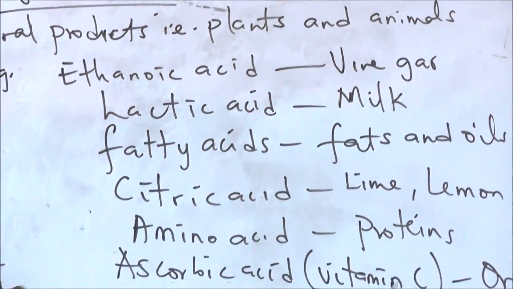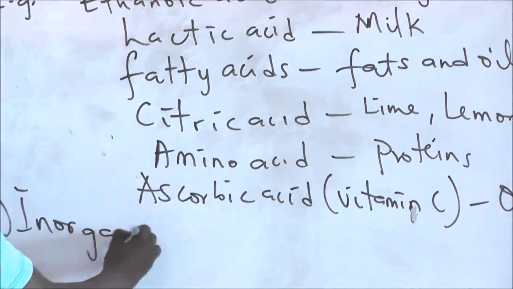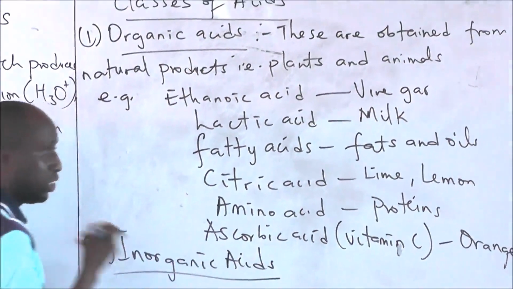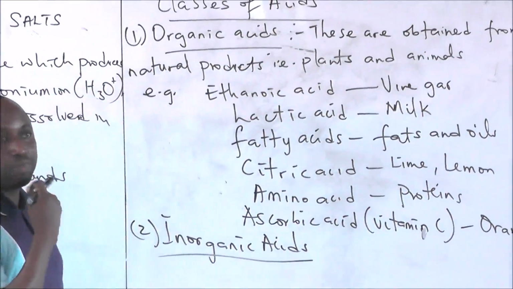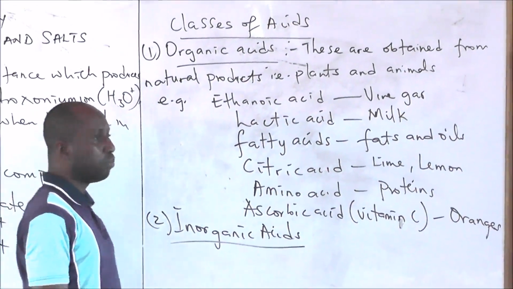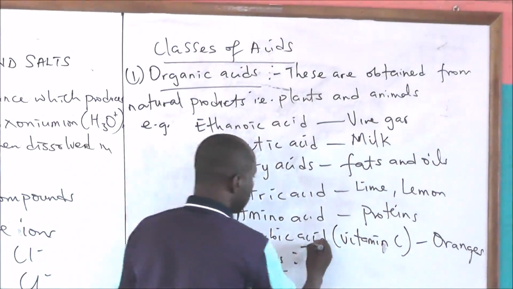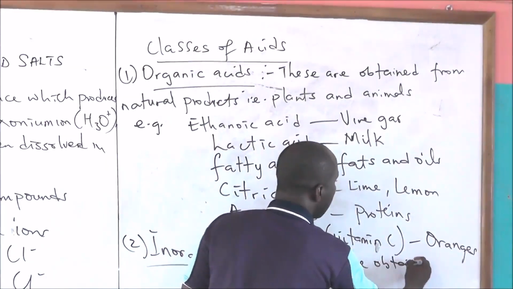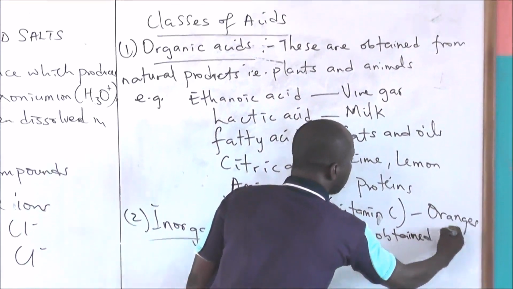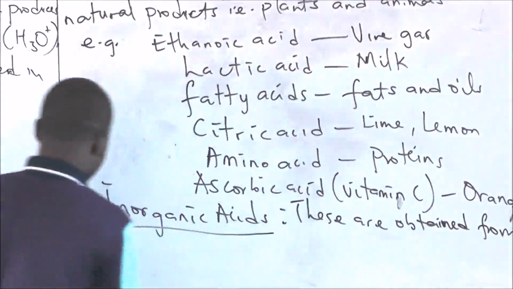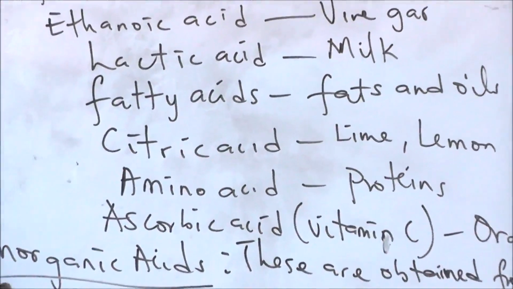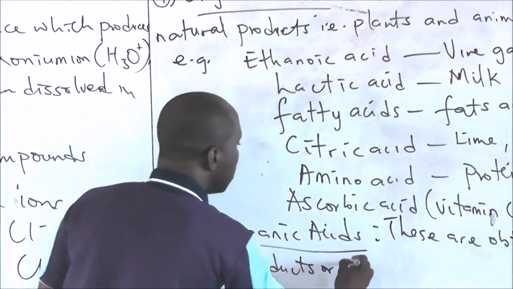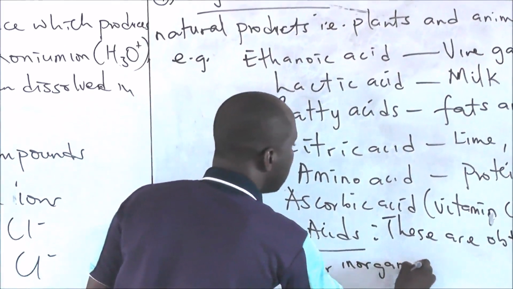Two, we have the inorganic acids. The inorganic acids are obtained from mineral products or from inorganic matter.